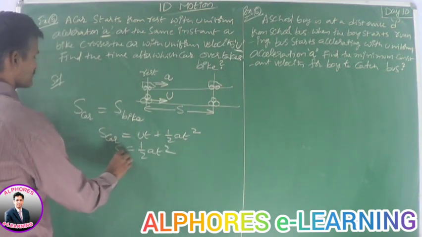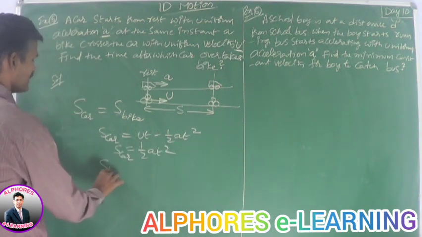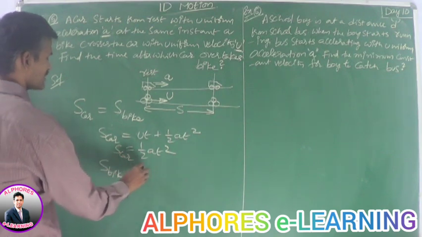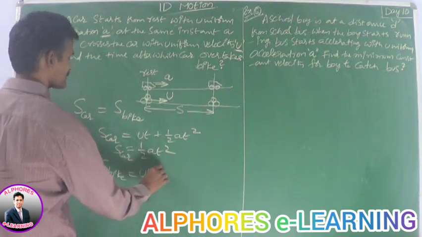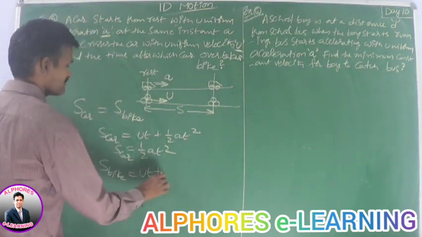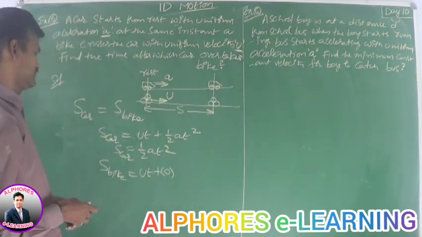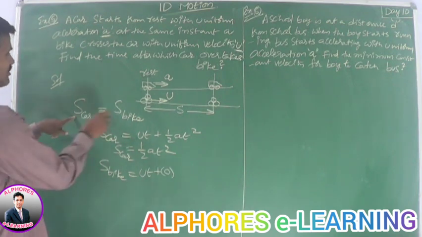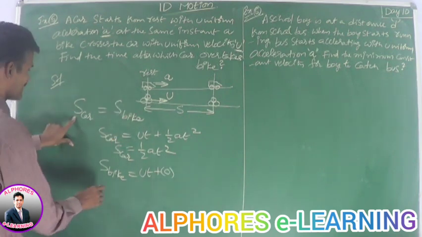This is the displacement of the car. For the displacement of the bike, you can write ut. Why? Because there is no acceleration, so half a t square term will be 0. So displacement of the car is equal to displacement of the bike.